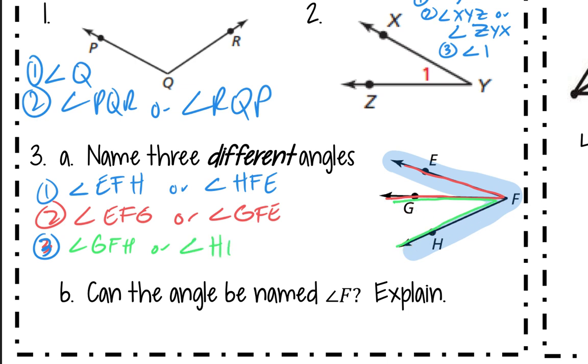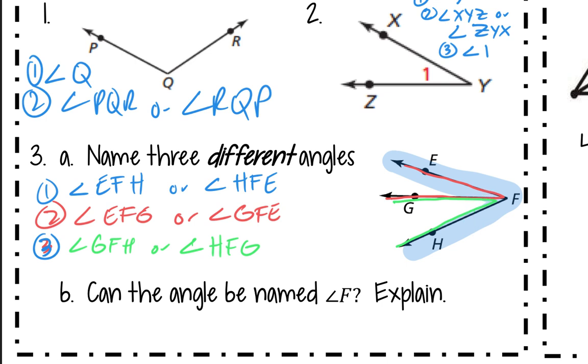Angle HFG. So we talked about how we can name it either by the vertex, like Q, or by going through the end rays and the vertex: PQR or RQP, same thing, XYZ or ZYX, or angle 1 or angle Y. Now, can we name this angle F? What do you think?